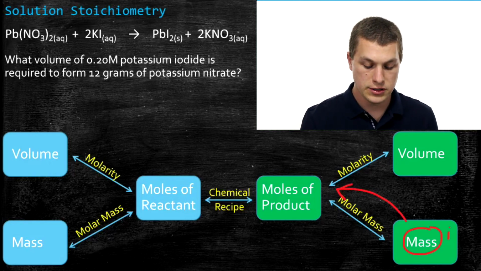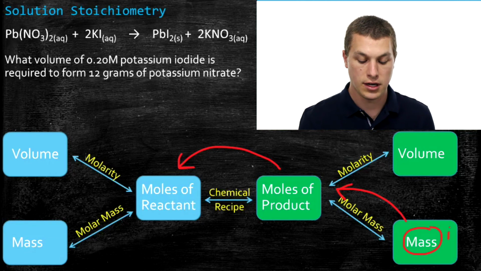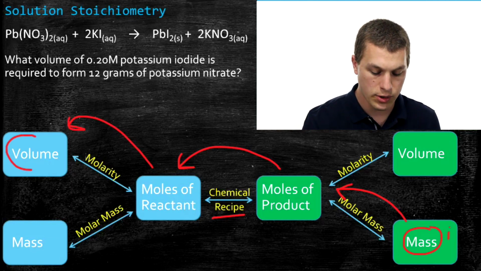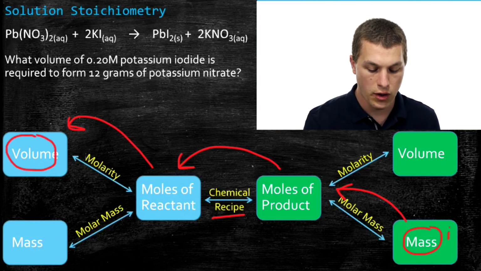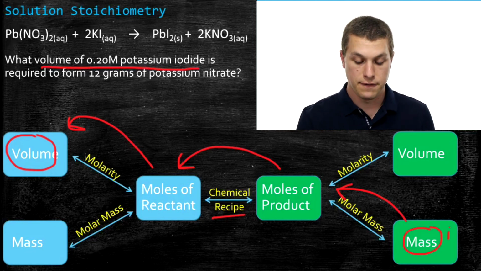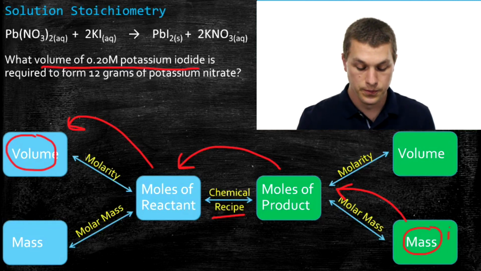And then we're going to go from the moles of our product to the moles of our reactant using our chemical recipe. And then finally, from the moles of our reactant to the volume of our reactant. That's where we want to be, because it asks what volume of 0.2 molar potassium iodide we need. So those are the steps we're going to follow. And if you can write out this flow chart, you can map out what steps you need to do. So let's go ahead and give it a try.